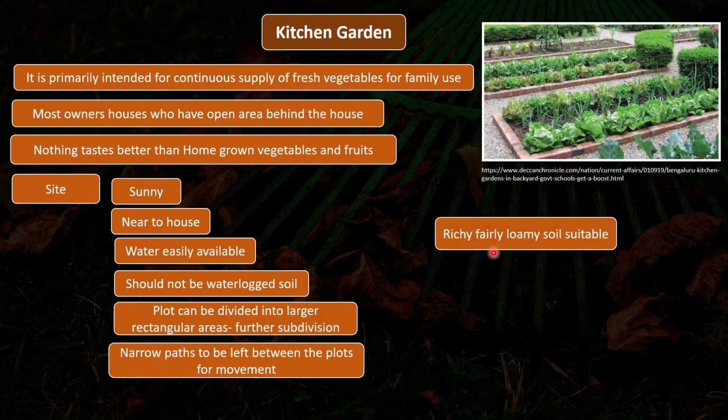Now for vegetables, usually rich, fairly loamy soil is suitable. So one question might come to your mind, what is a loamy soil? A loamy soil is basically a soil that comprises three components of soil, that is the sand, silt and clay.